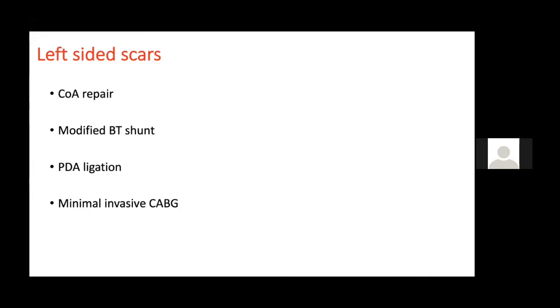PDA in children, if the PDA is ligated, the surgical intervention for PDA is done via the left scar. Minimally invasive CABG, apart from the central scar, can also be done via the left thoracotomy scars, and also the closed mitral valvotomy, which can be done via the left side of the chest.